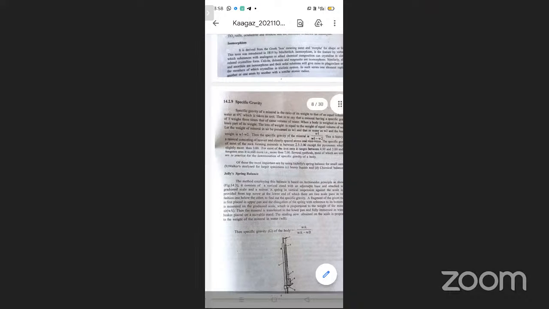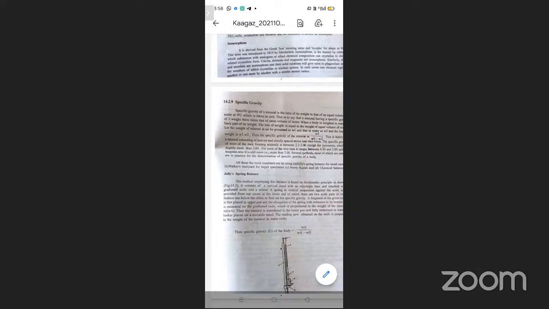It is proportional to the weight of the mineral in air, that is WA. Then the mineral is transferred to the lower pan and fully immersed in water, and there we can see the proportional weight again. So finally we get the specific gravity, which is equal to WA by WA minus WB. We will get the final result with this.